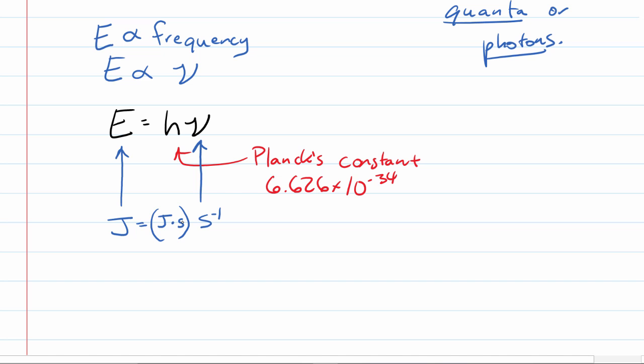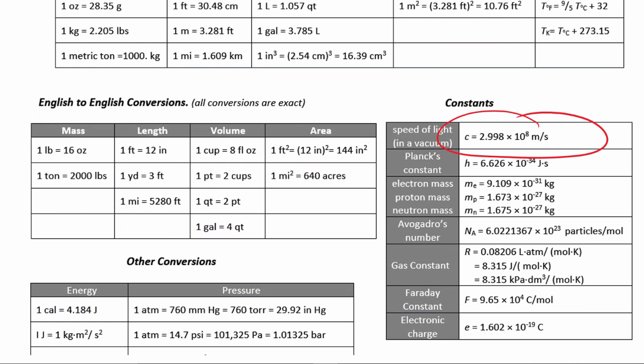The other must be seconds. And so we call those a joule second. The units here, seconds and reciprocal seconds, cancel out. Which must mean then that the units on Planck's constant are these joule seconds. You go to your conversions, you're going to see Planck's constant given here. And we don't read it as joules per second because the seconds are not in the denominator. We refer to them as joule seconds. So Planck's constant is 6.626 times 10 to the negative 34th joule seconds.